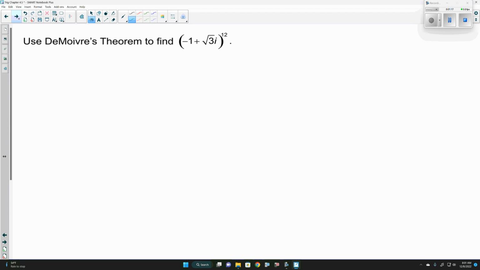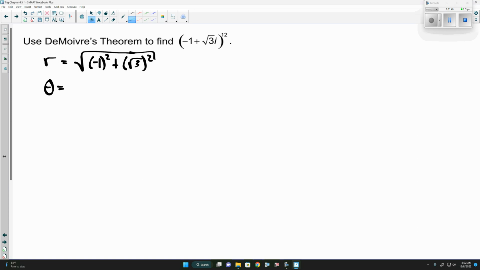But if we can convert it into polar form, finding the value of r and theta, we can find this a lot easier. Now r is going to be the square root of a squared, so 1 squared, plus the square root of 3 squared. It's going to be our value of r.